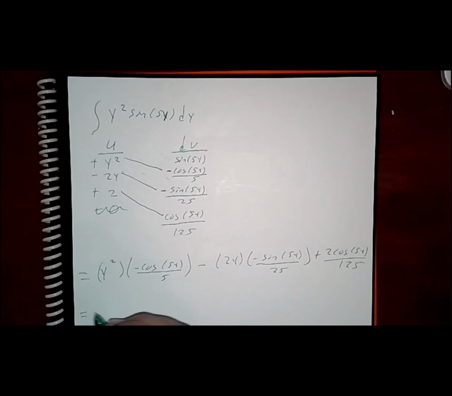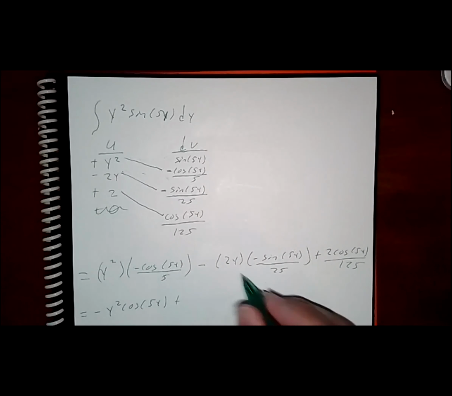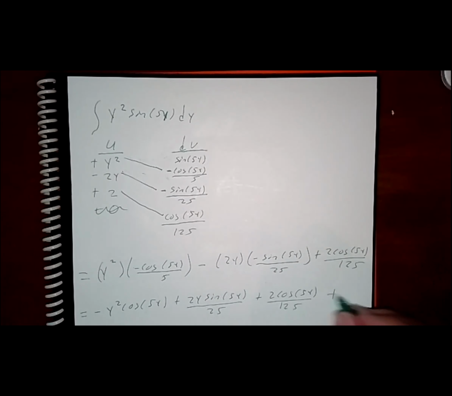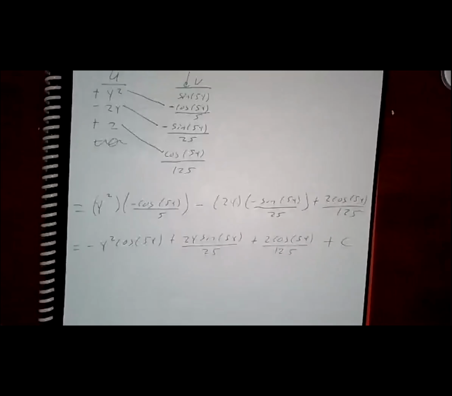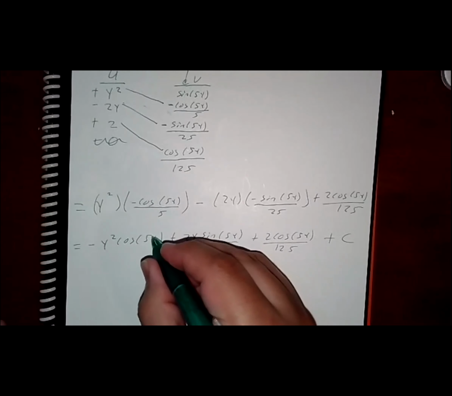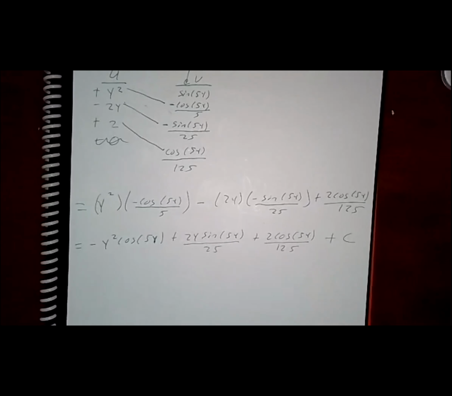So the answer will be negative y squared cosine of 5y over 5, plus 2y sine 5y over 25, plus 2 cosine of 5y over 125. And I think that's what we got, right?